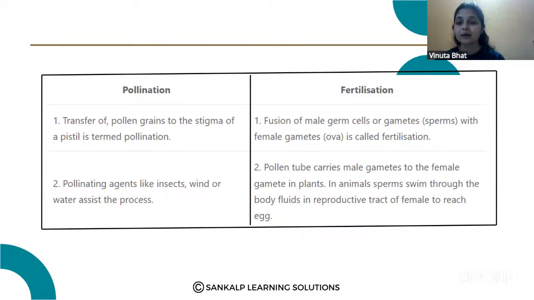The pollen tube carries the male gametes to the female gamete in plants, and in animals sperms swim through the body fluids in the reproductive tract of the female to reach the egg. So that is the difference between pollination and fertilization.